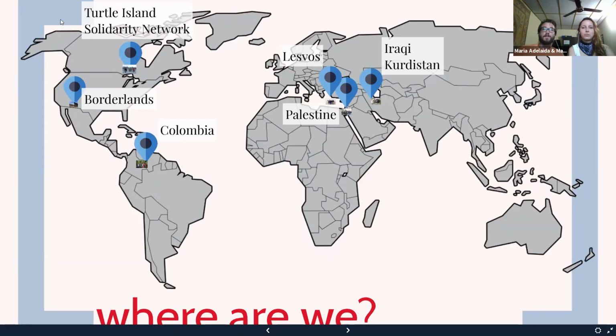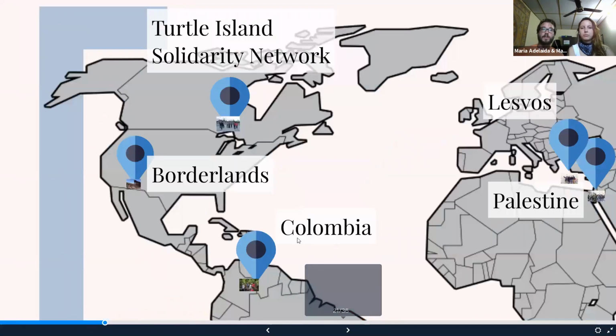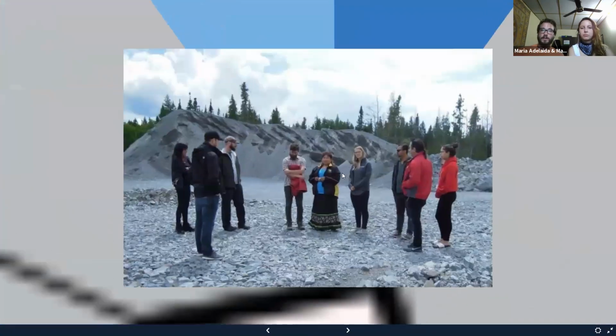So we might make a division between the different types or capacities of teams. We have temporary or circumstantial teams working on the ground, and then we have permanent teams working seven days a week, all year round on the ground. The first one is what we now call the Turtle Island Solidarity Network.